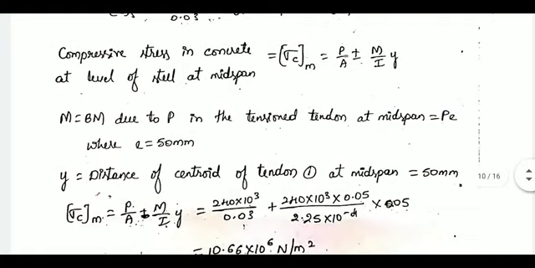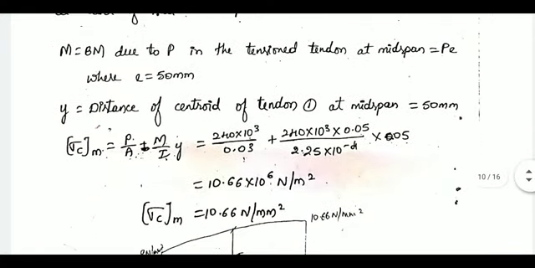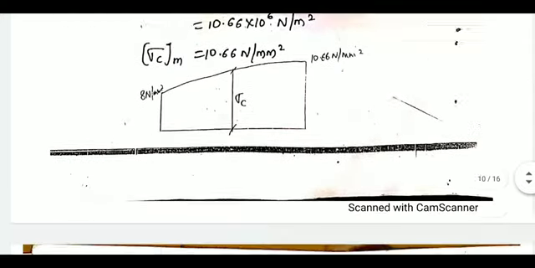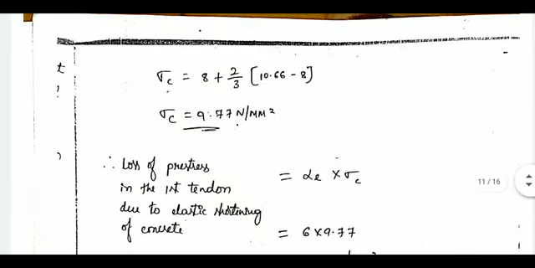So those values we have to consider here. So for that we have sigma c at mid span, and by using the formula we calculate the average stress. This average stress is 9.77 Newton per mm square. Then we can calculate the loss of prestress due to elastic shortening by using the formula alpha e into sigma c.